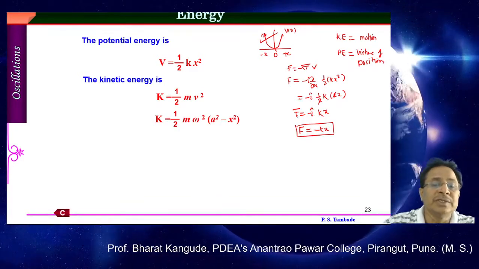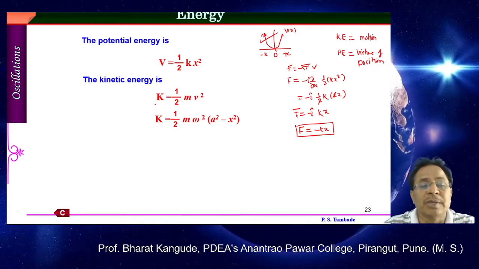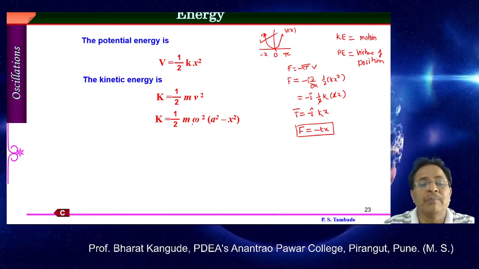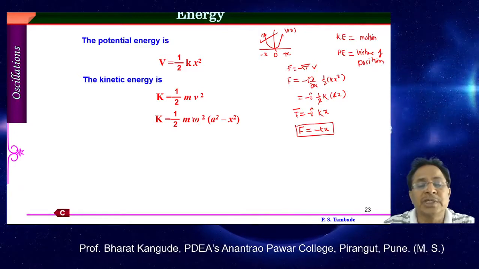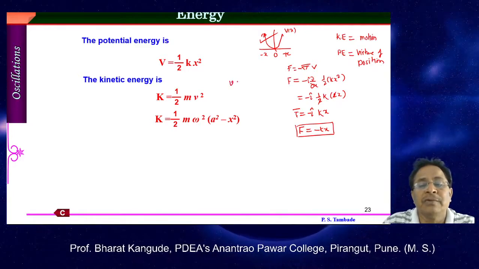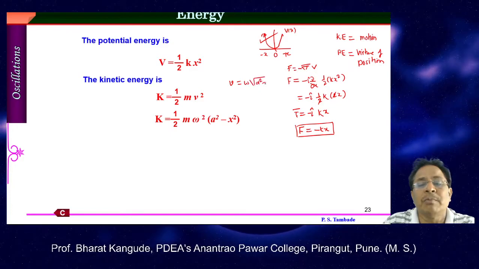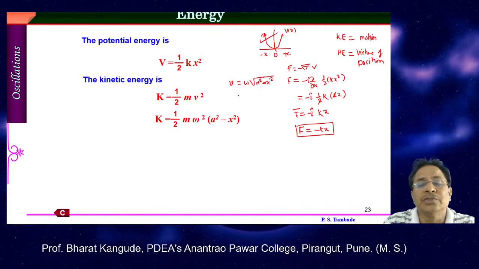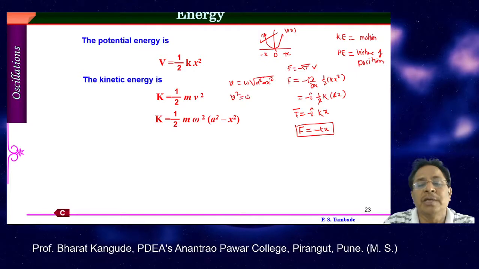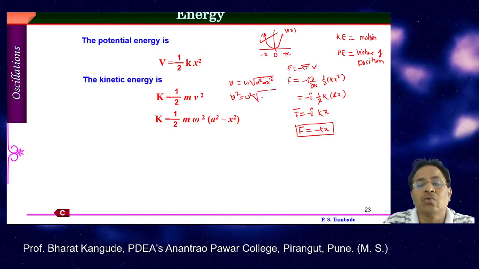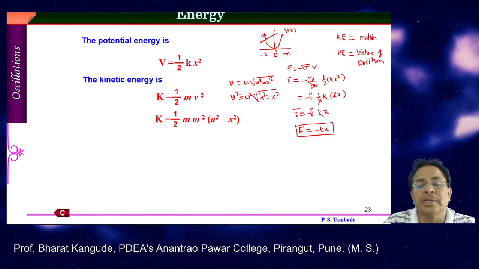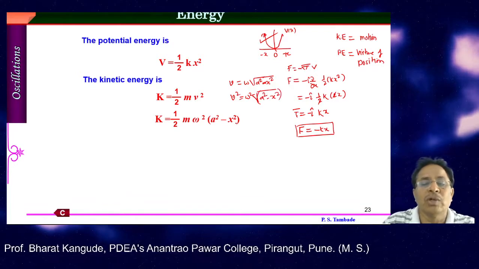Earlier we have seen v is equal to omega into root of a square minus x square. Using this relation for v square, it becomes omega square into a square minus x square, as the root will go out.